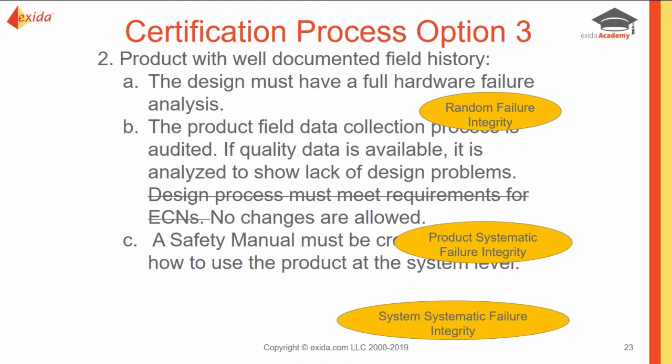This option is typically done when a product has a long history and well-kept return data. This option relies, once again, on that proven in use assessment, just like option 2. But this time, those modifications cannot be made.